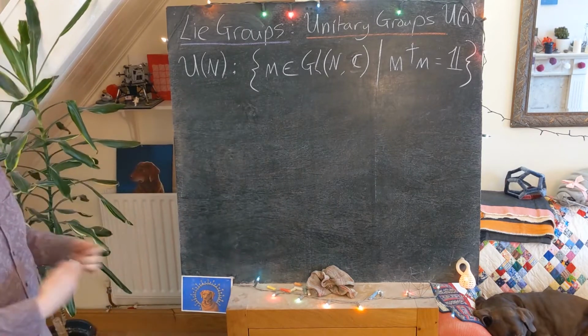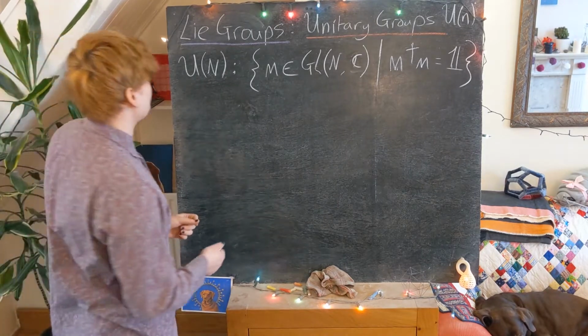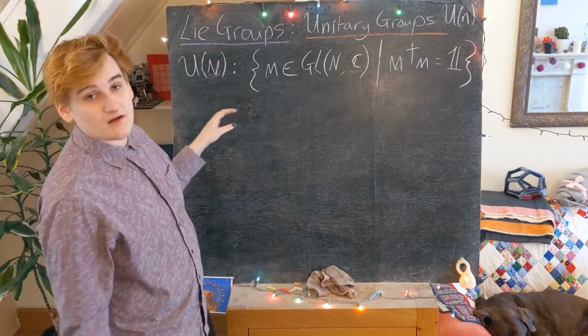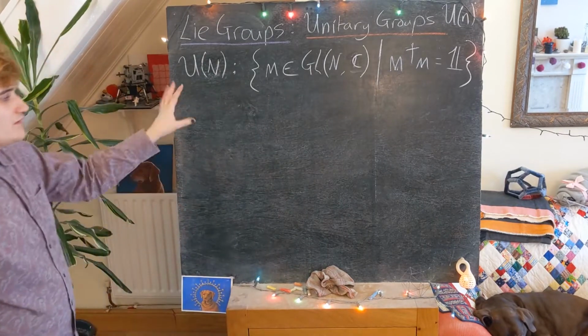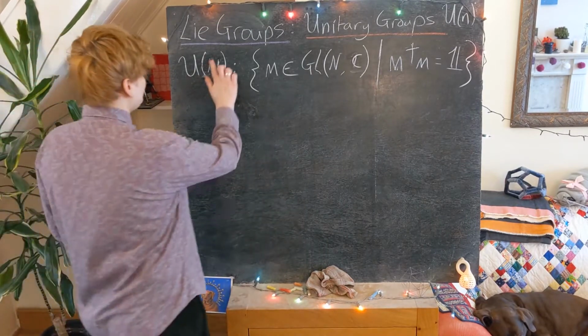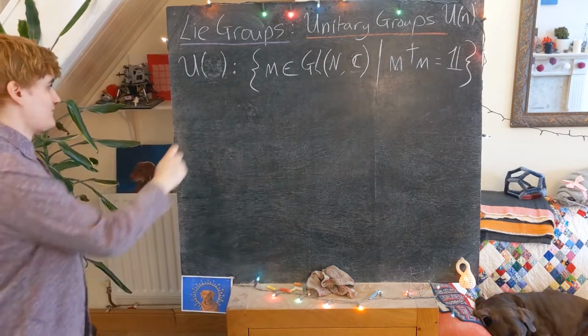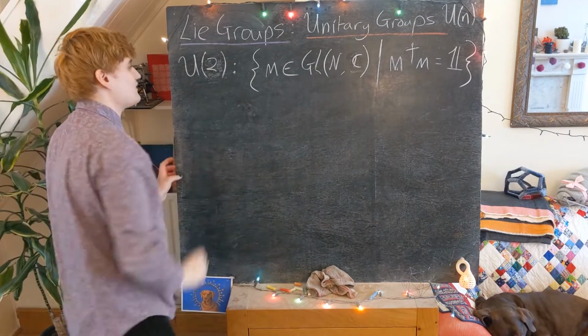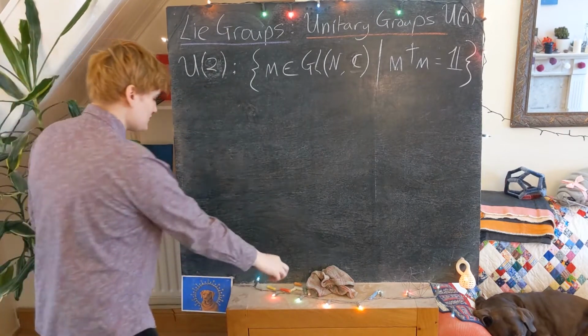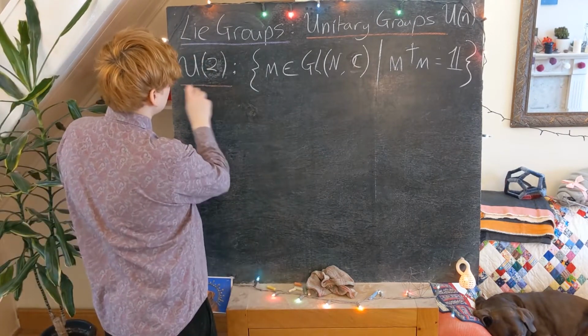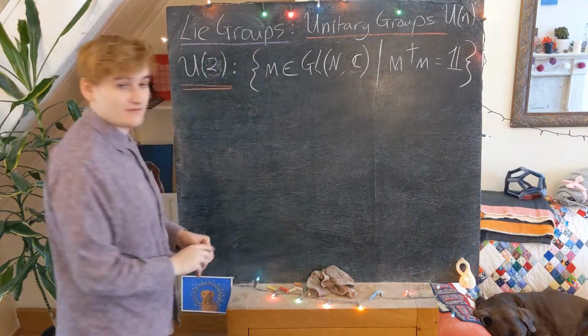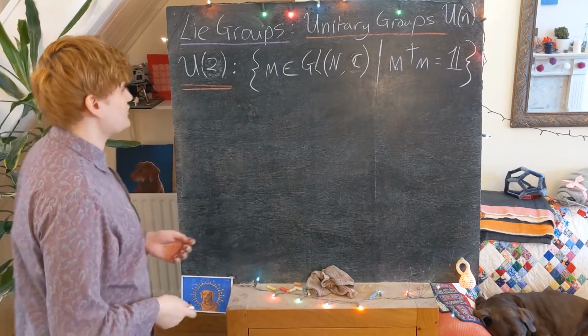Now let's have a look at the two-dimensional unitary group. So of course we're going to use our general definition again, and just to save a bit of space, since I'm going to need quite a lot, I'm just going to write on top of the definition. So we're going to look at the group U2, which is now the two-dimensional unitary group.